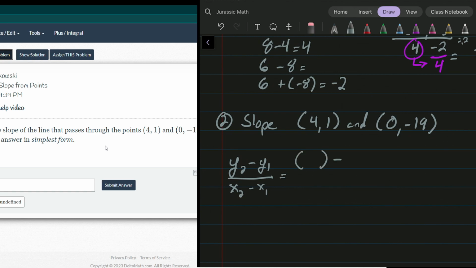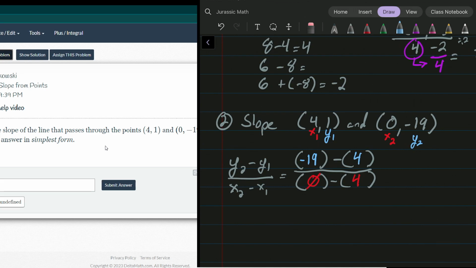So parentheses minus parentheses over parentheses minus parentheses. So this is going to be x1, this is x2. So we put a 0 first, then a 4. This is y1, and this is y2. So negative 19 and a 4.